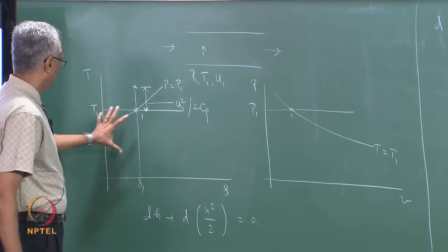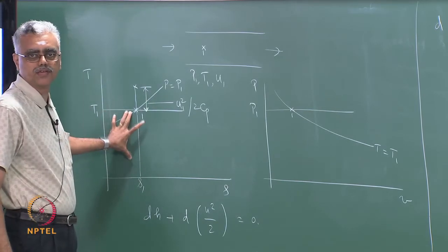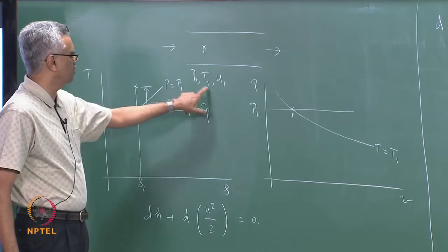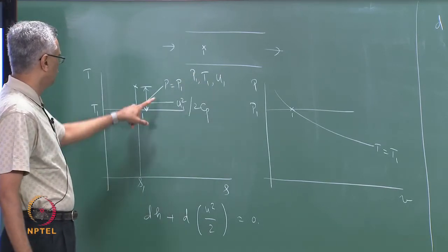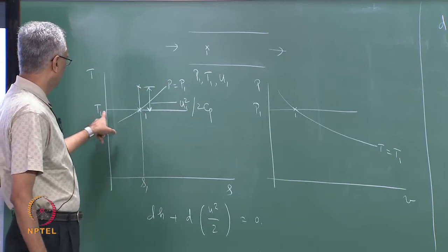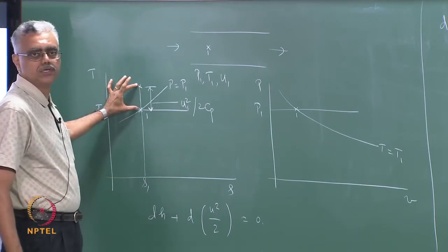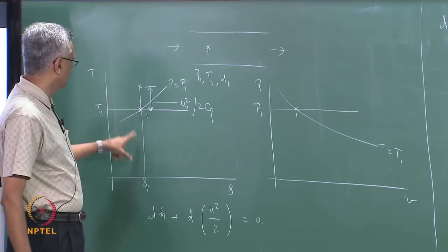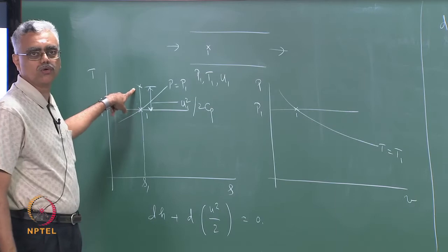Now I have illustrated T1, velocity and pressure. The information that we wanted here, P1, T1, u1, is now shown here. So, this is P1, this is T1, and this is u1 square over 2 Cp. And what is this quantity equal to? T1 plus u1 square over 2 Cp.